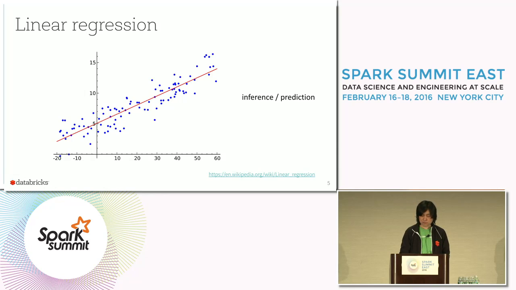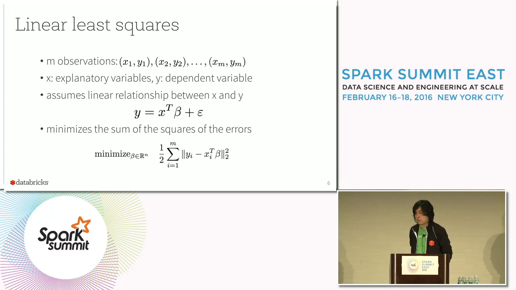So let's start with the simplest linear model out there. That's called linear least squares. Basically, you have some observations from your training data set. You see this x1, y1, x2, y2. x is a vector, and that indicates some features, and y is a scalar variable, and that indicates the response.